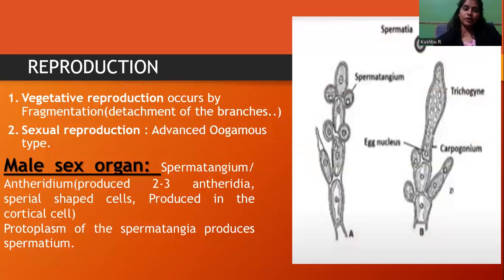Coming to the reproduction of Gracilaria, it is a developed, evolved organism. So it shows sexual, asexual, and also vegetative reproduction. Your vegetative reproduction happens by simple fragmentation, which does not involve any gametes or spores.